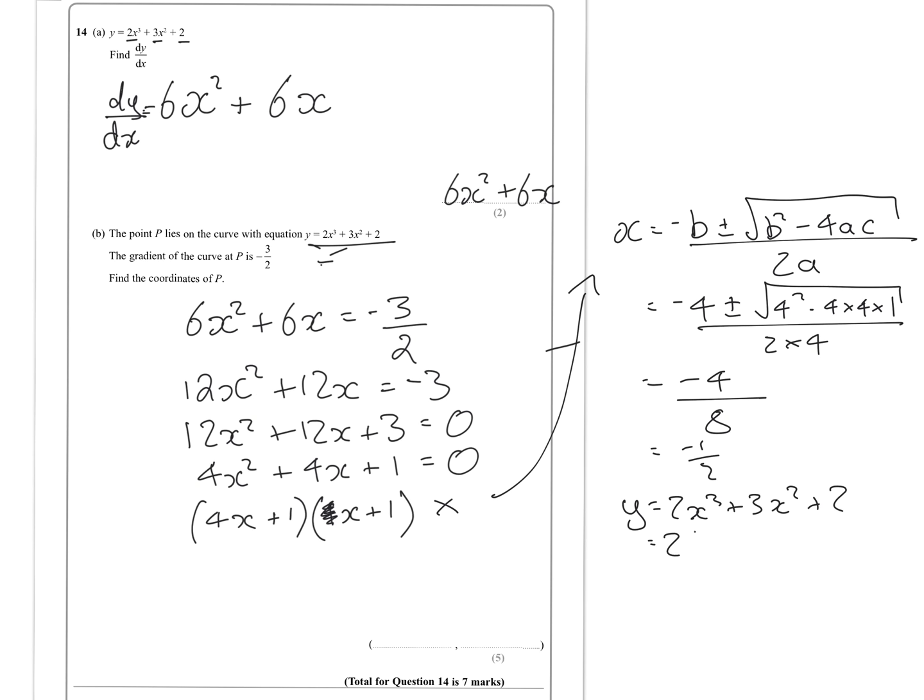So if I put minus a half in there, then I can work out y is 5 over 2. So there we have it, our coordinates are minus 1/2 and 5/2.